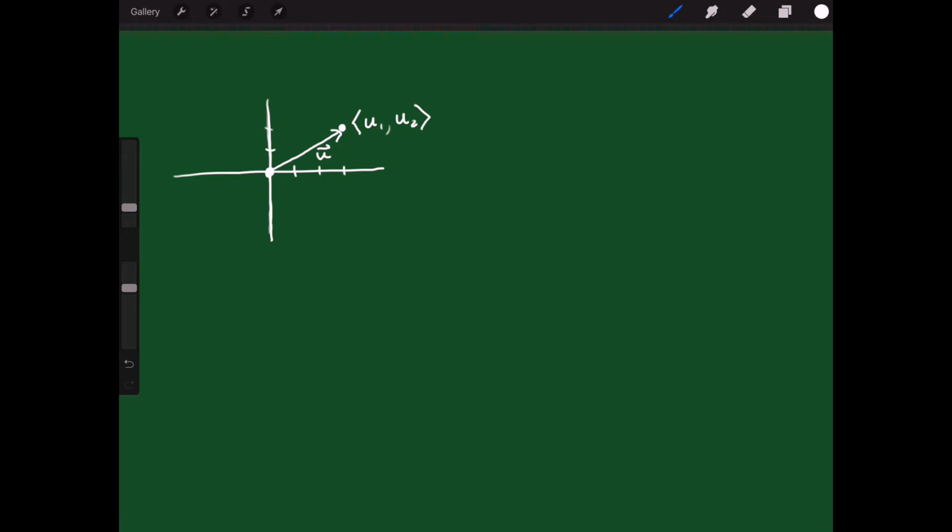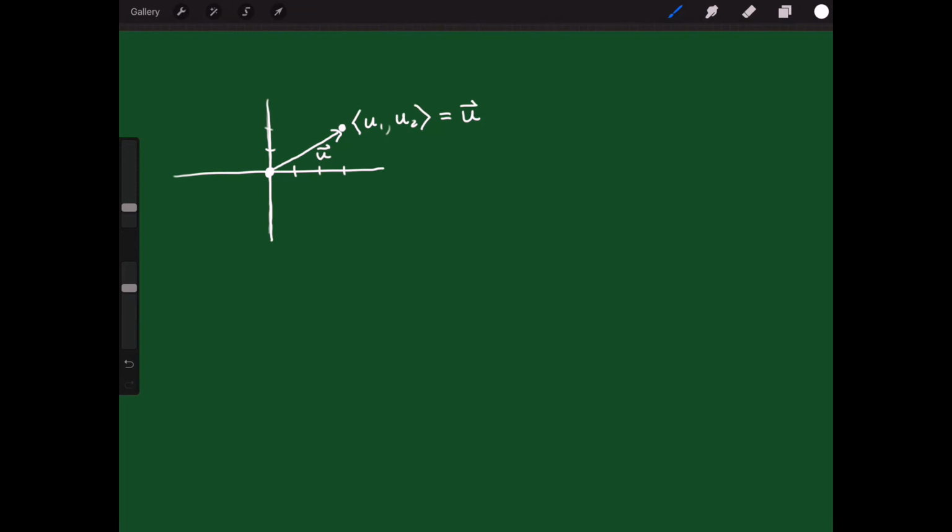I use these little pointy brackets around it to let myself know that this is a vector and not an ordered pair. All right, so then I can represent u as an ordered pair of sorts.